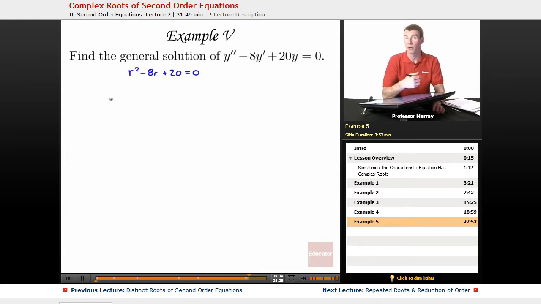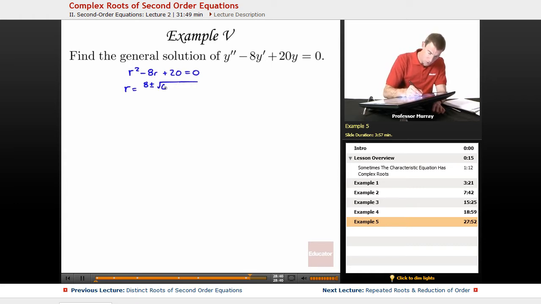So instead we're going to go to the quadratic formula. So we get r is equal to negative b, which is positive 8, plus or minus the square root of b squared, which is negative 8 squared, so 64, minus 4ac, where a is 1 and c is 20, all over 2a, so that's 2.